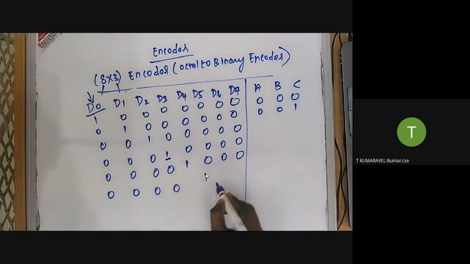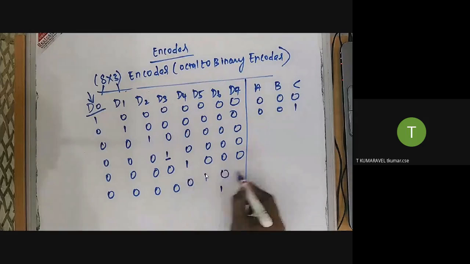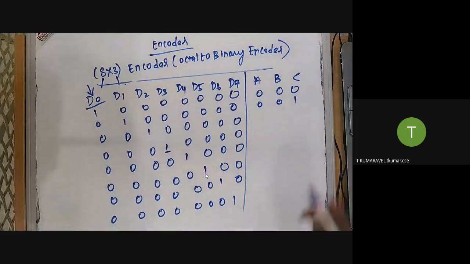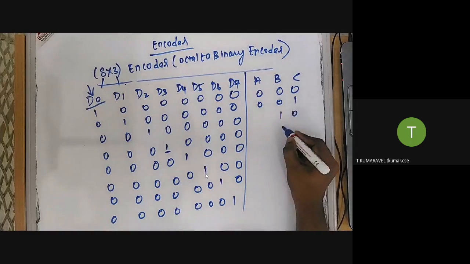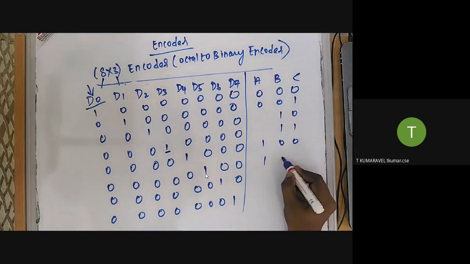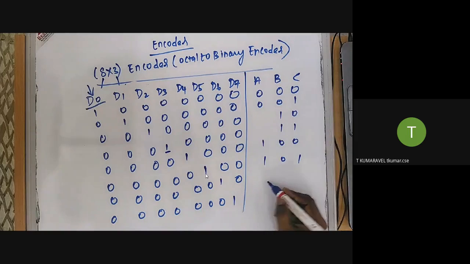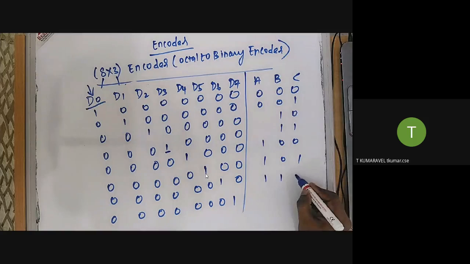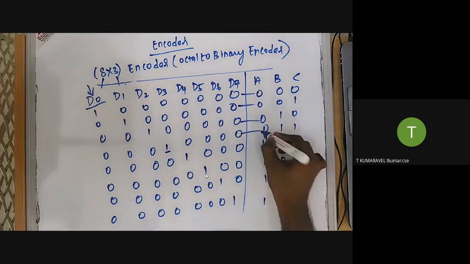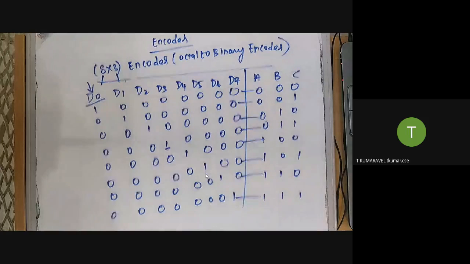This is 1, the next one is 2, the next one is 3, and the next one is 4. The next one is 5, the next one is 6, which is 1 1 0. The last one is 7. This is the respective output. This is the truth table.